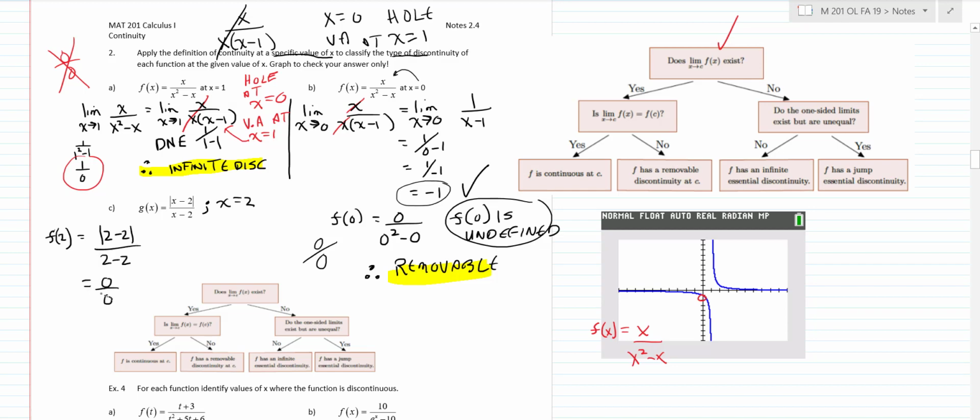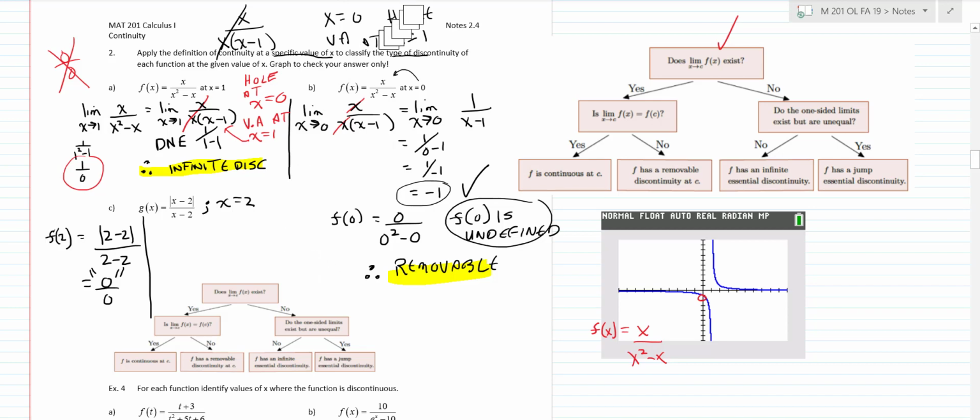So you would get 0 over 0. I'm going to do this without using the definition. I think you'll probably understand this a little bit better. We're going to do it with test points.